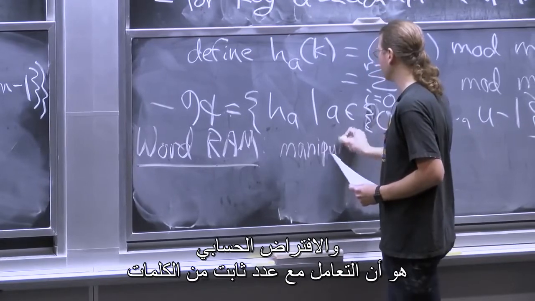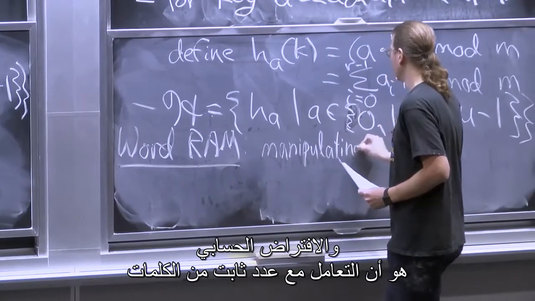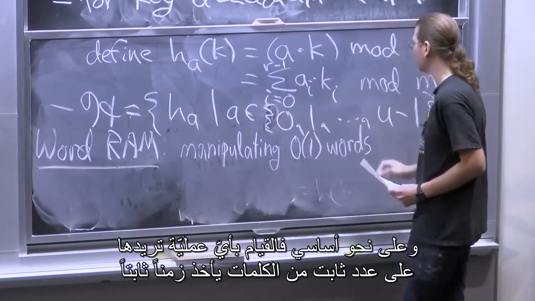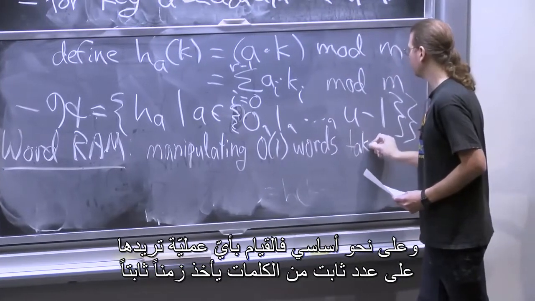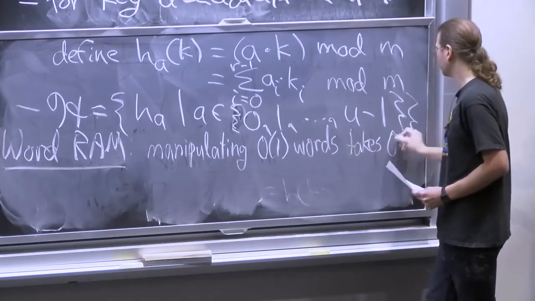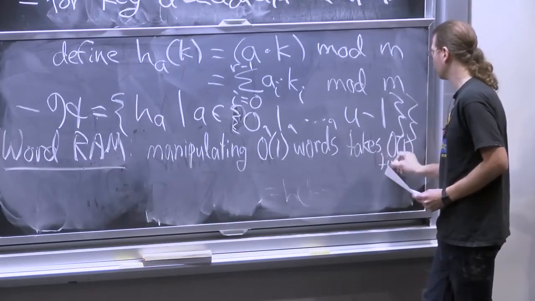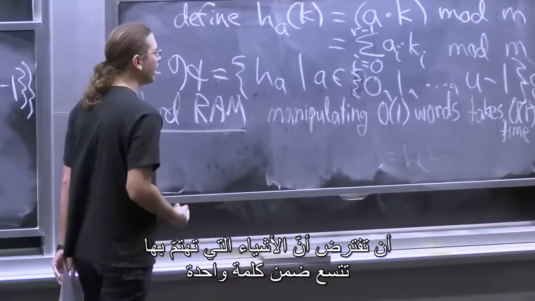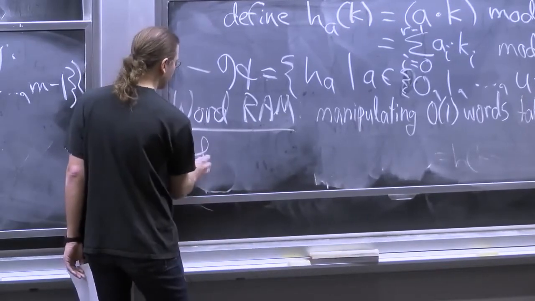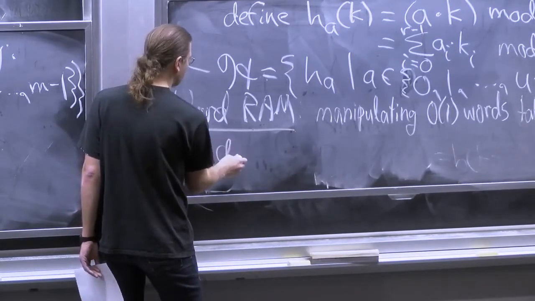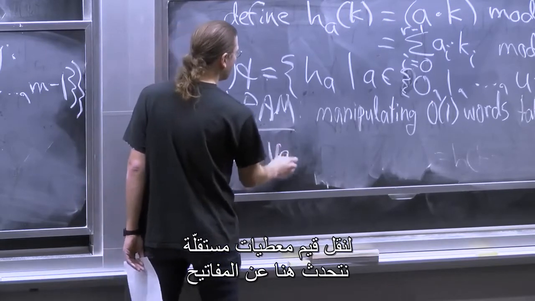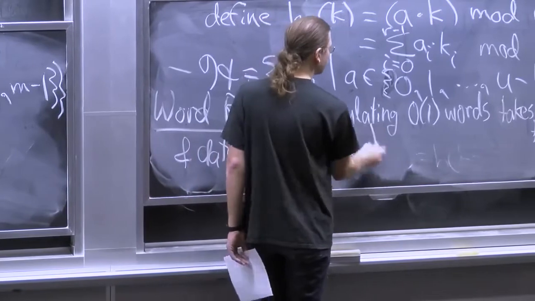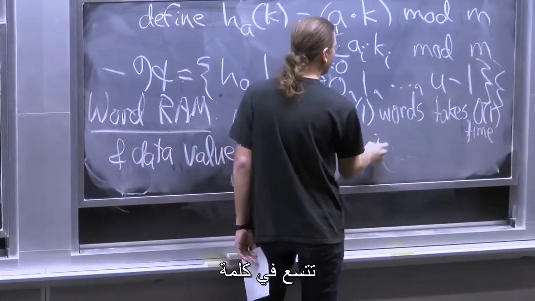The computational assumption is that doing essentially any operation you want on a constant number of words takes constant time. The other part of the word RAM model is to assume that the things you care about, say individual data values, here we're talking about keys, fit in a word.